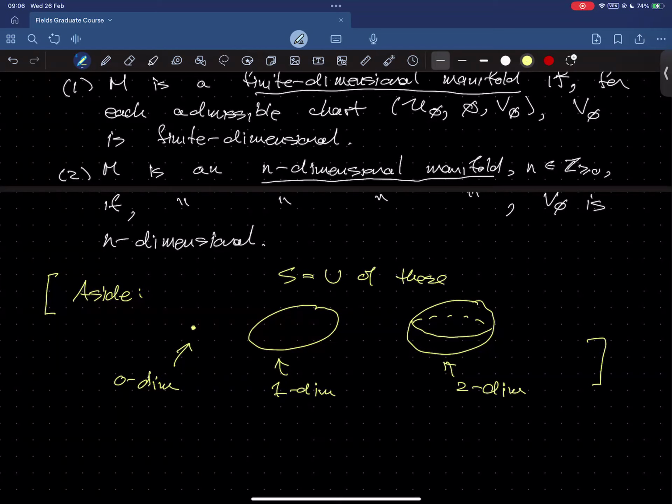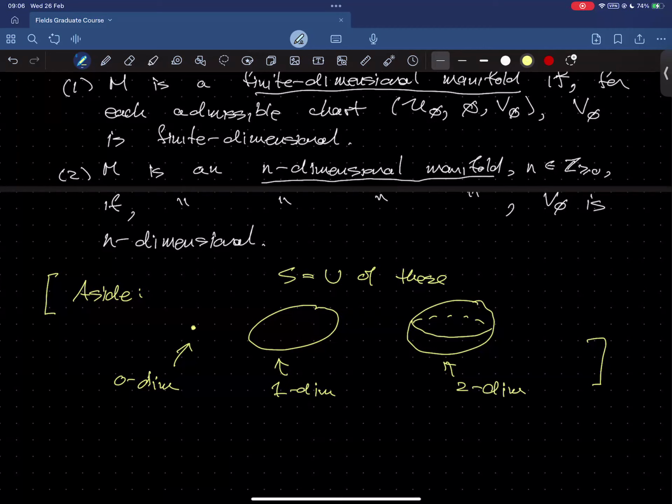Every chart takes its values in a finite dimensional vector space, but it doesn't have a fixed dimension. The thing you notice here is that these different components of this finite dimensional manifold, the zero dimensional component, the one dimensional component, the two dimensional component, those are disconnected.